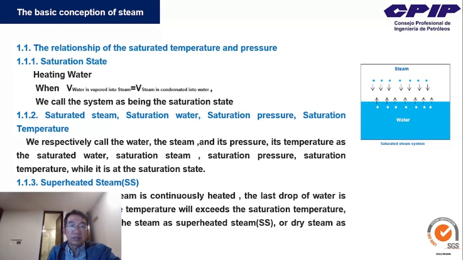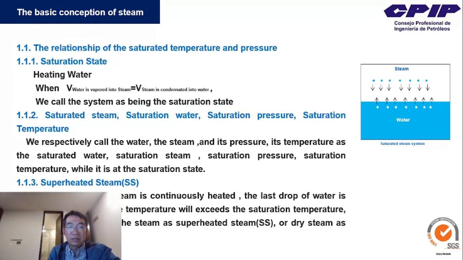The relationship of the saturation temperature and pressure. Saturation state: when water is evaporated into steam, equal to the steam condensed into water, we call the system as being in the saturation state.